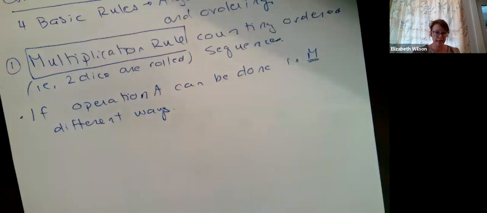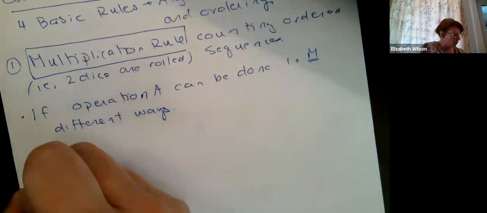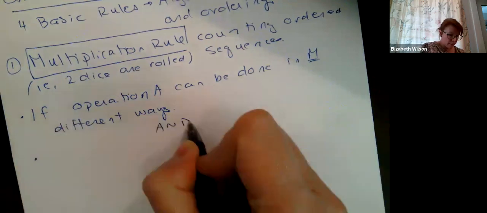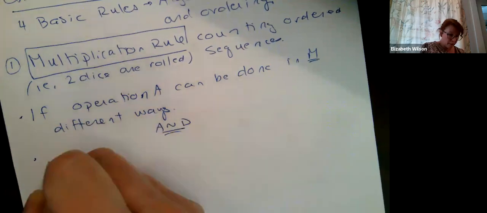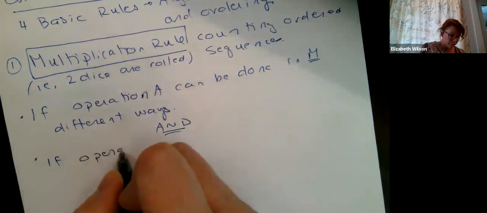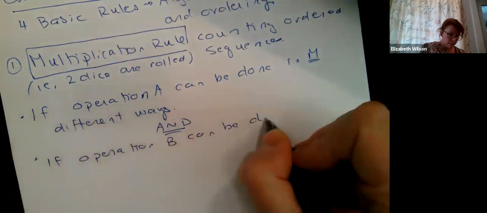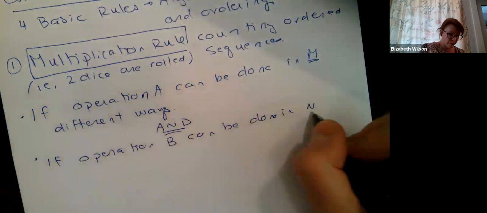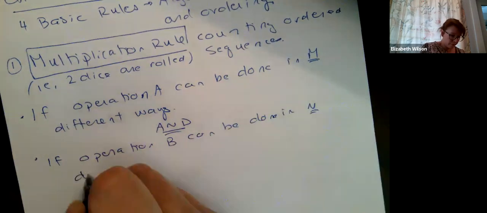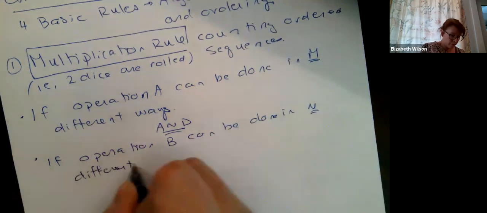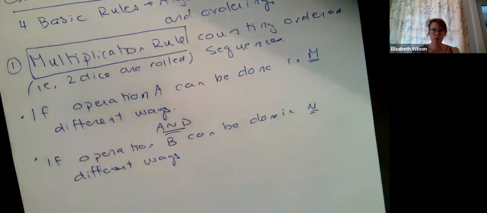I can get 6 possible outcomes, because it's a 6-sided die. So operation A, for example, I can roll it in M different ways, and if operation B can be done in N different ways, right? So operation B is like die 2, I'm going to roll it.